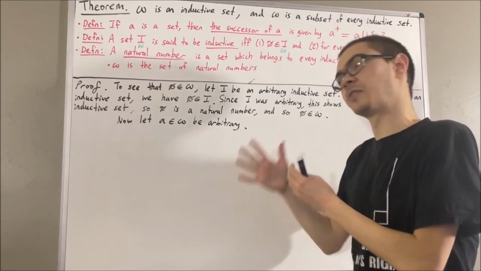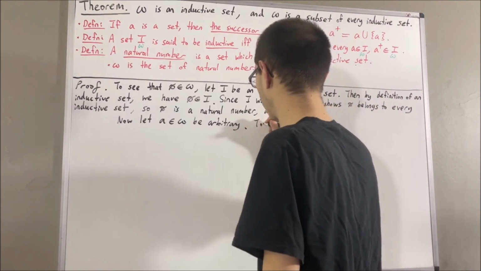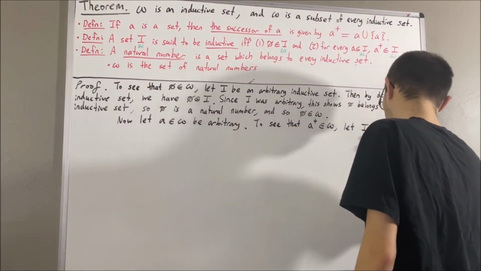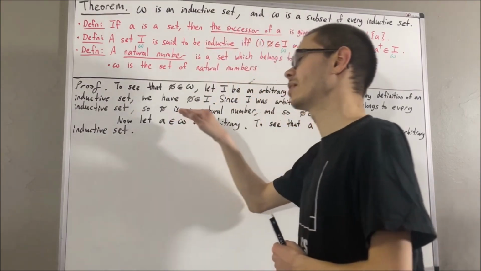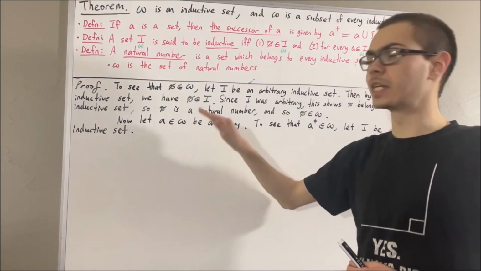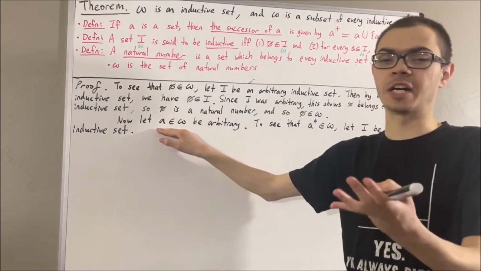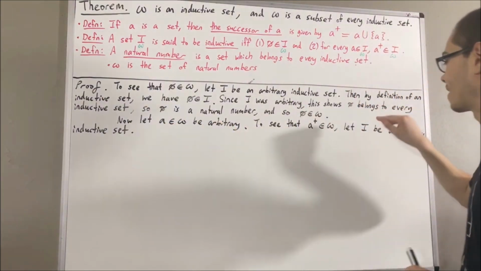And to prove that, let's give ourselves an arbitrary inductive set. I'll call it I. Well, since A is an element of omega, this means that A is a natural number. And so A belongs to every inductive set. So in particular, A must belong to the inductive set I.